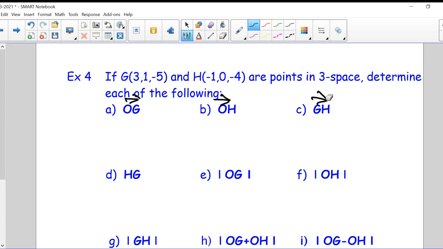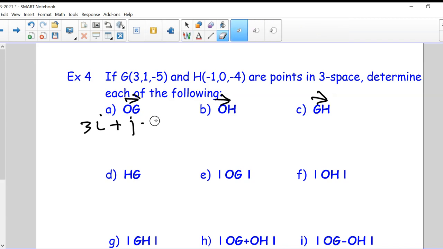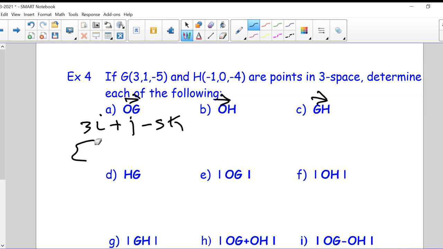You can express it using the basis vectors. So it would be 3i plus j minus 5k. Or if you want to write it with the brackets, it would be just 3, 1, minus 5.